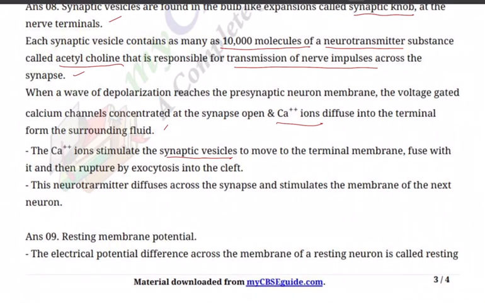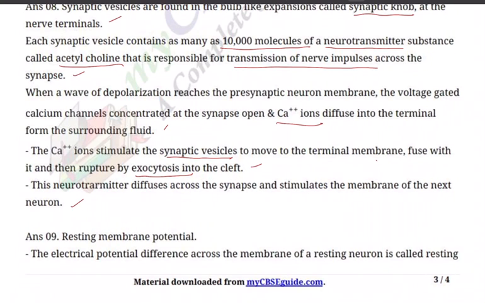The Ca2+ ions stimulate the synaptic vesicles to move to the terminal membrane, fuse with it, and then rupture by exocytosis into the cleft. This neurotransmitter diffuses across the synapse and stimulates the membrane of the next neuron. So this is how they activate adjacent neurons and the impulses continuously run through.